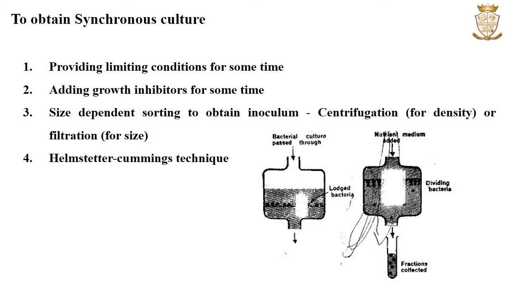We can perform size-dependent sorting, either by centrifugation, density gradient centrifugation, or filtration, to obtain inoculum to start a synchronous culture, or we can use the Helmstetter-Cummings technique to obtain a synchronous culture.